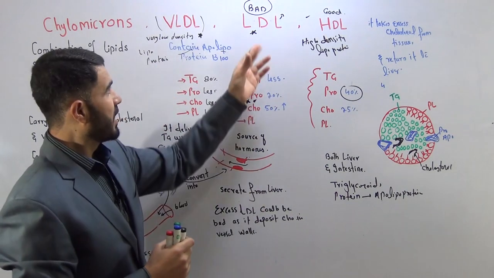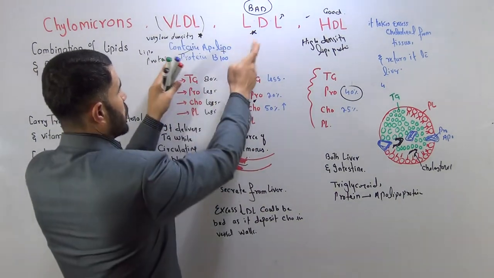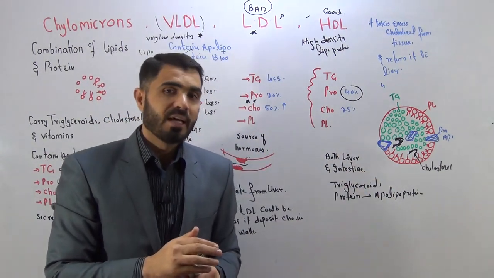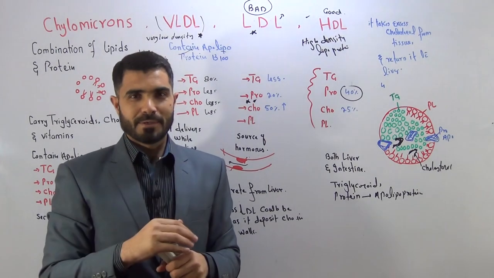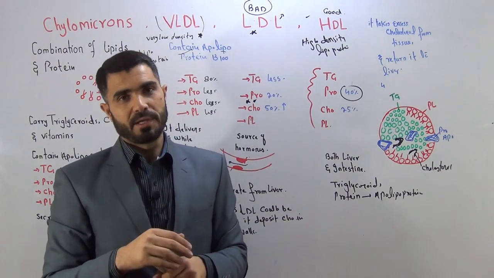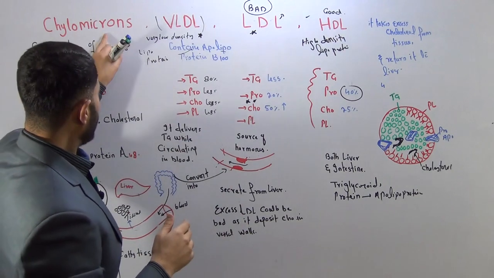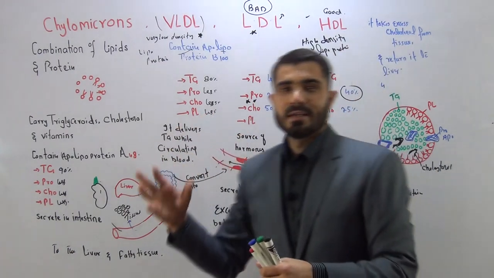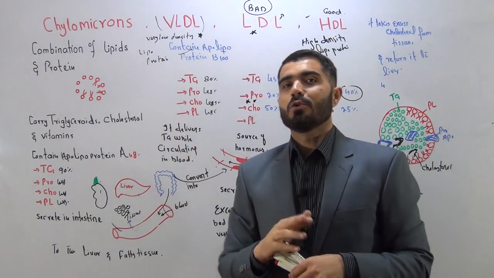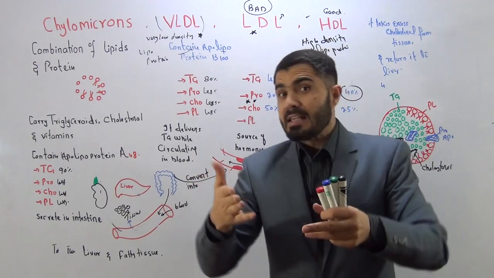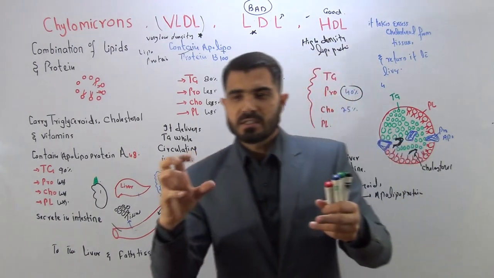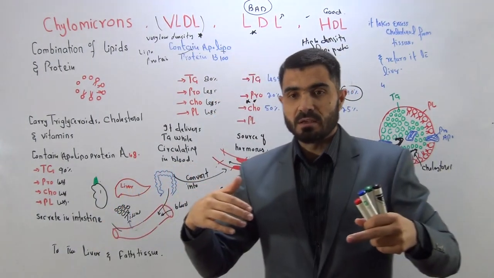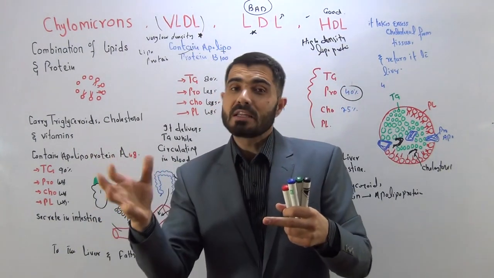But in case of LDL and VLDL, the ball-like structure is formed in the liver, secreted from the liver only. In case of chylomicrons, which is the same structure, chylomicron is secreted from the intestine only. So the first difference was the structural difference. The second difference was the place where these are secreted.